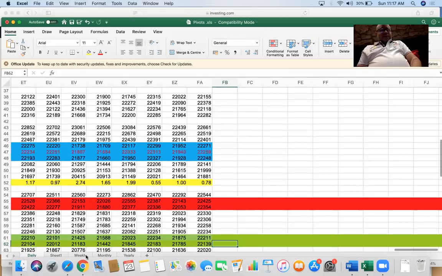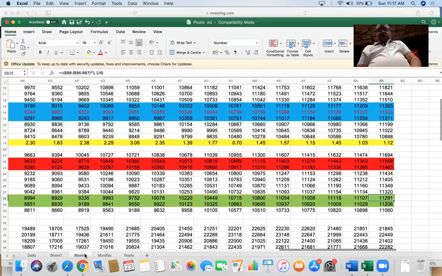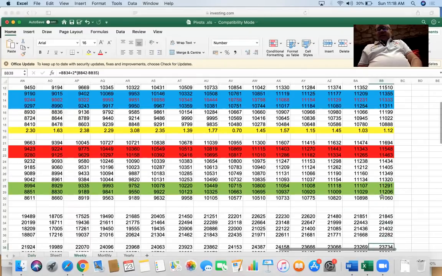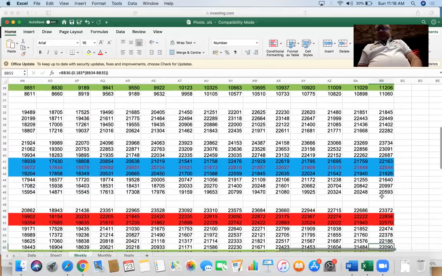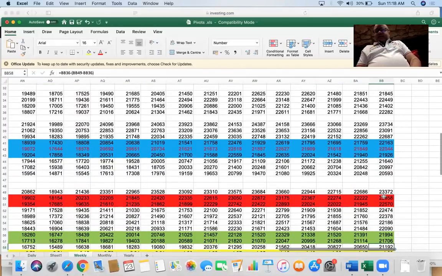Okay, so this is daily. On the weekly, if we go down to the Bank Nifty, weekly you have support at about L3, L4, 21,994 to 21,706.